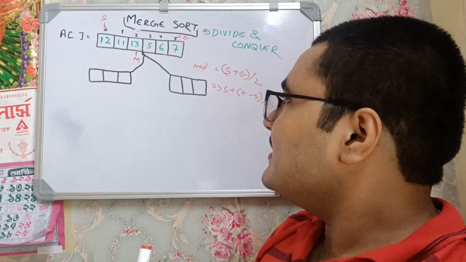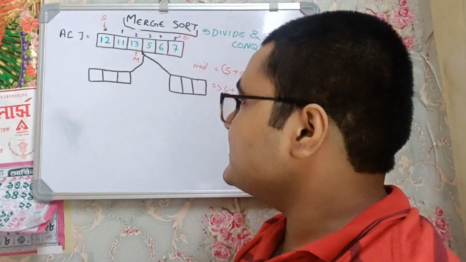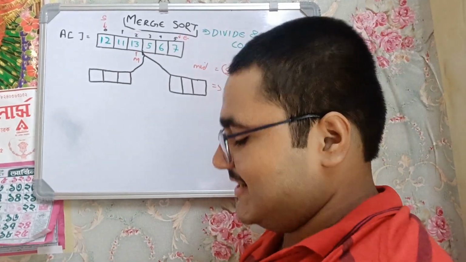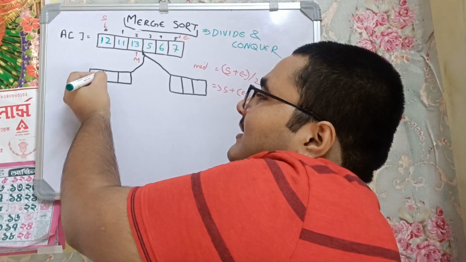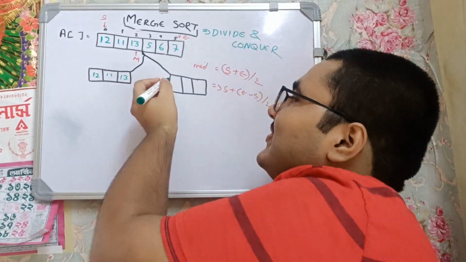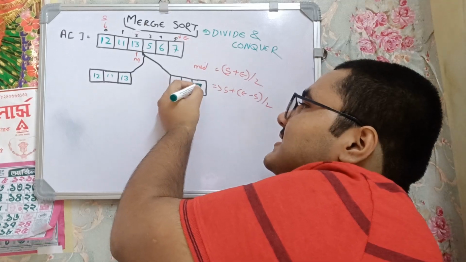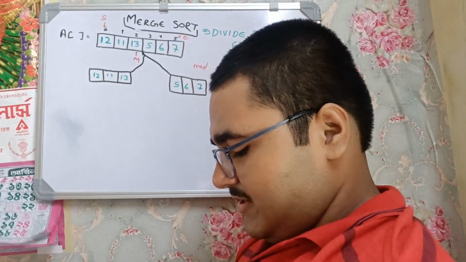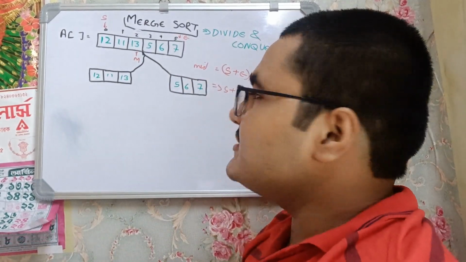Fine. So this portion consists of the values 12, 11, 13, and this portion contains 5, 6 and 7. And these are now two separate arrays.